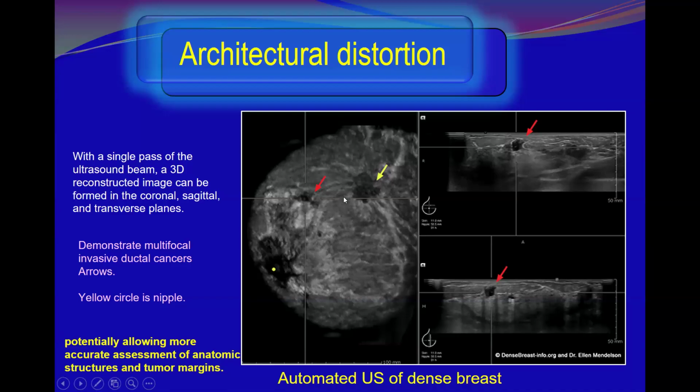That is why it accentuates the visualization of the echogenic spicules rather than the hypoechoic spicules seen extending from the mass, okay, and the distortion of the adjacent parenchyma.